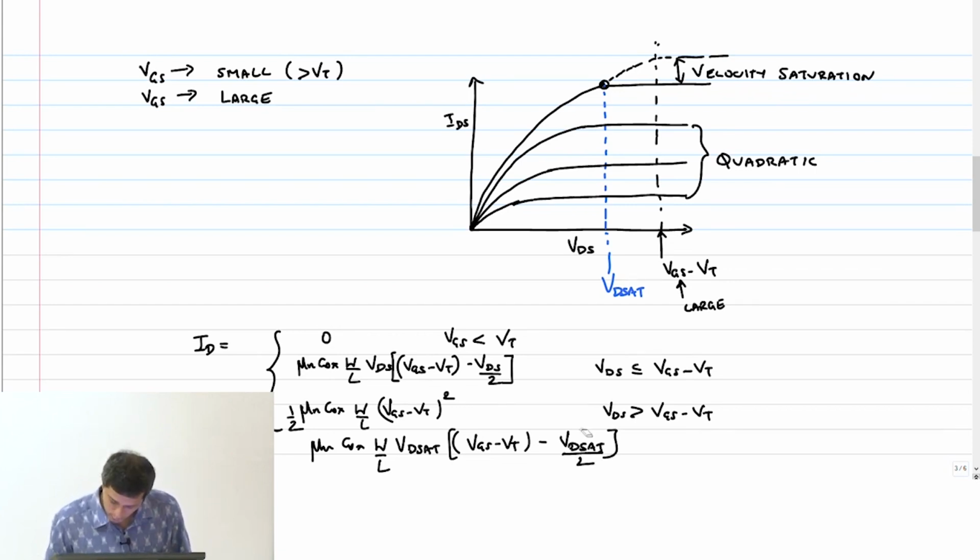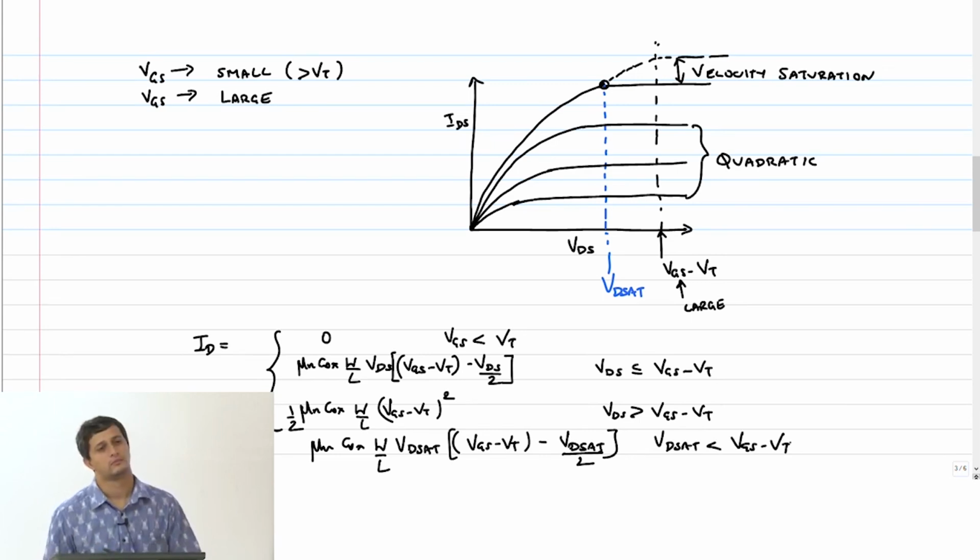Now what is the condition under which this holds? The condition is VD sat is less than VGS minus VT. If that happens.